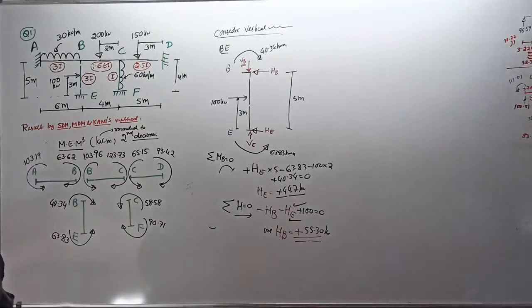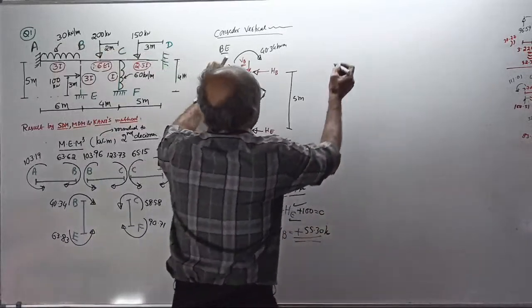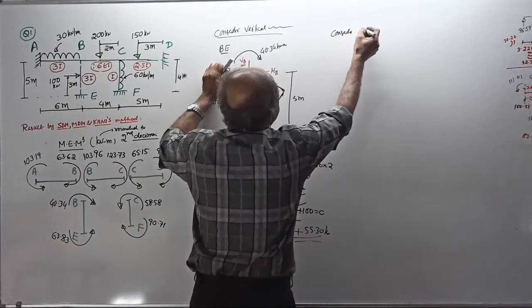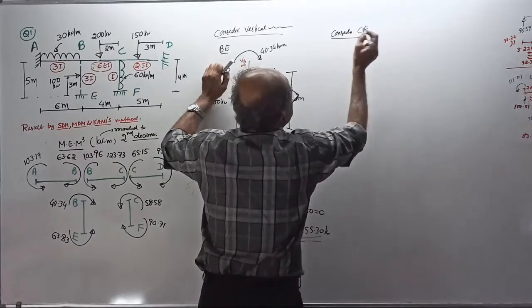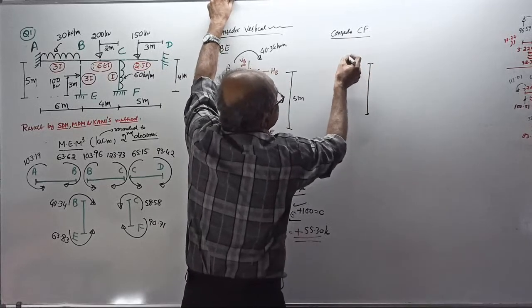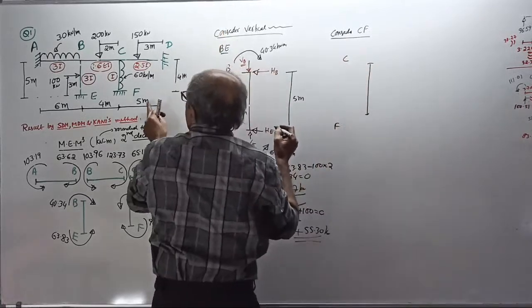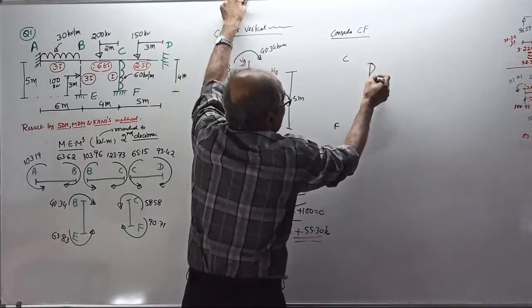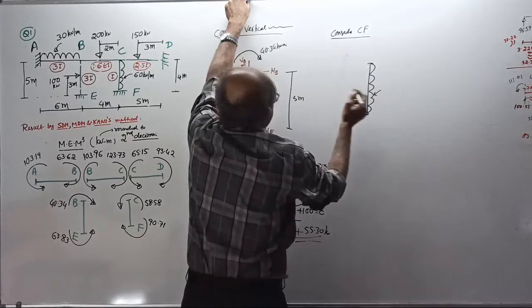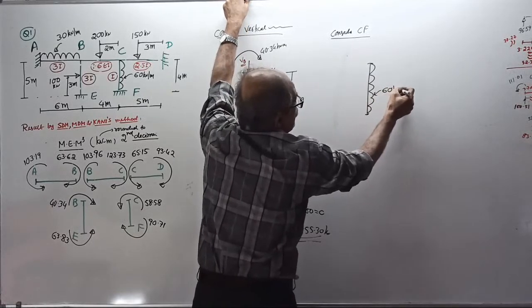Okay, now lastly, consider which member? Lastly, consider the CF member. When you take the CF member here, study. C is here, F is here. There is a UDL here, of 60 kilonewton per meter.